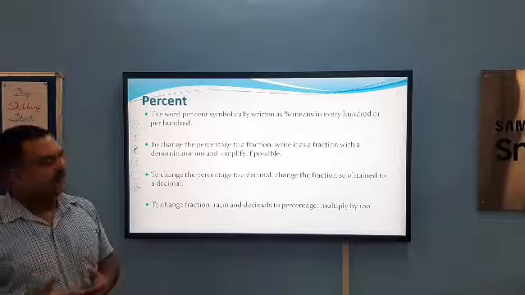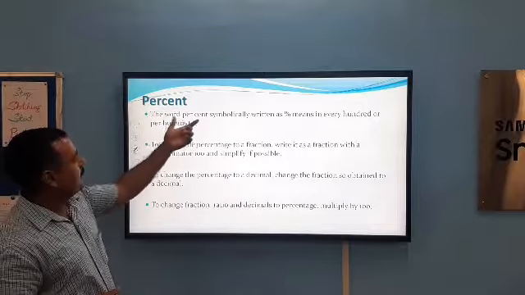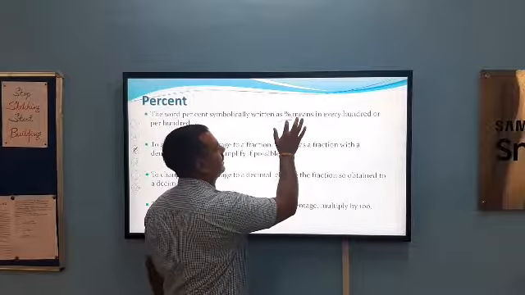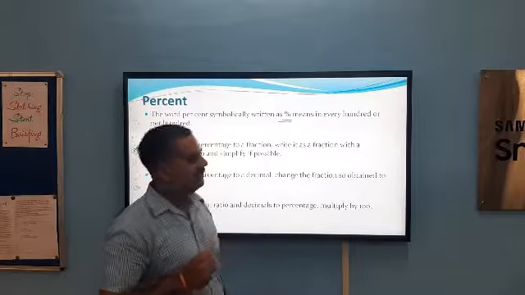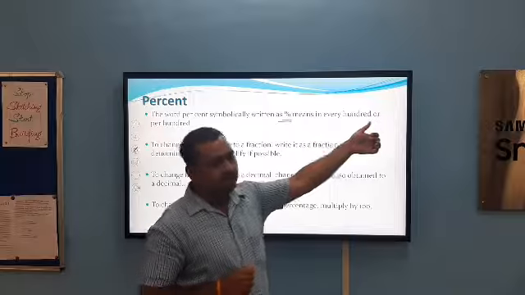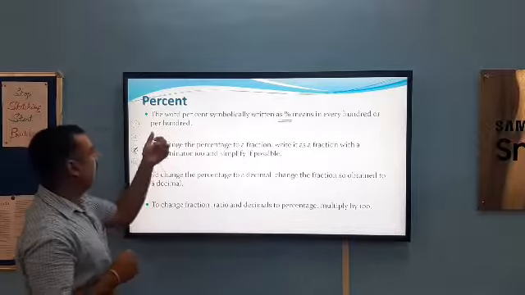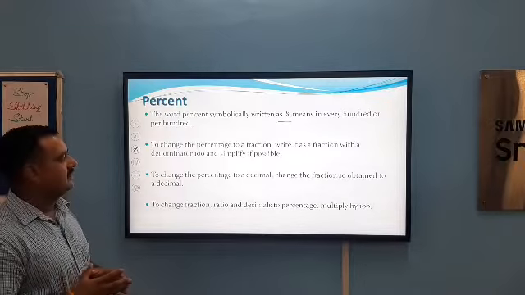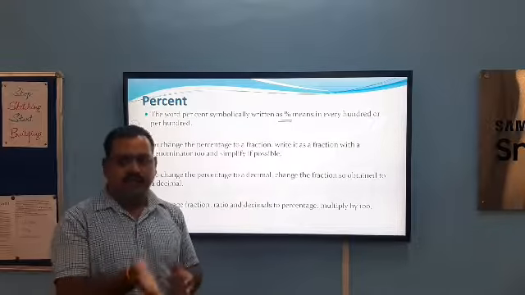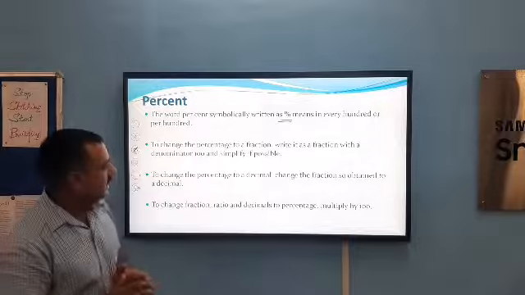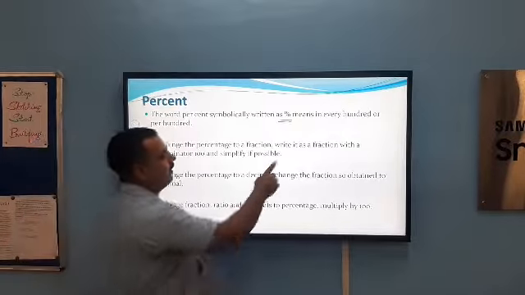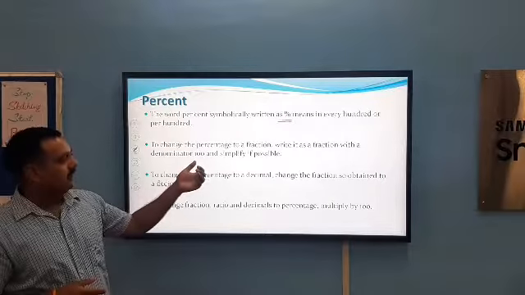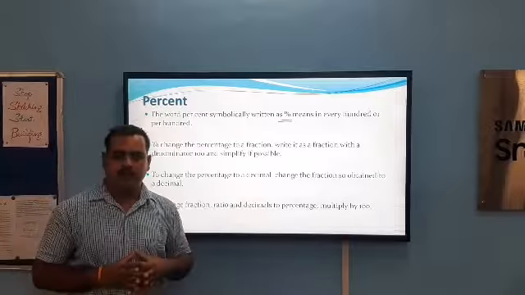Now percentage. The word percent is symbolically written as this, which means in every 100 or per 100. The change of percentage to a fraction: if we want to change the percentage to a fraction, write it as a fraction with the denominator 100 and simplify if possible.